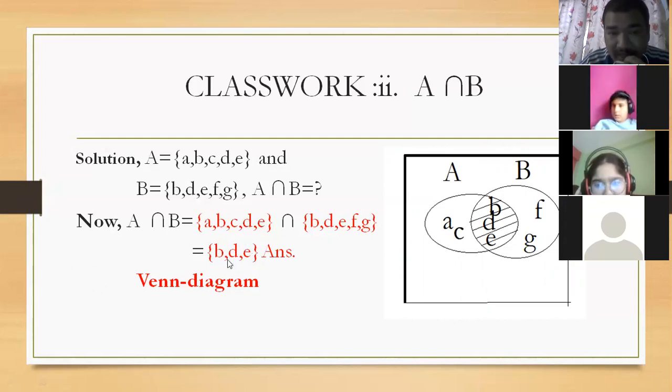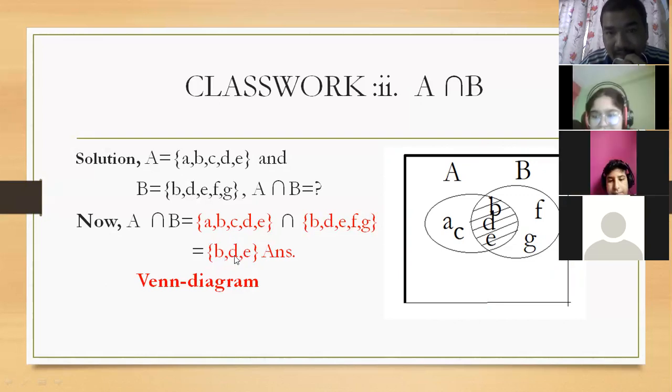Because these three elements lie in A and they also lie in B. That is, they are the common elements of set A and B. That is called the intersection, A intersection B. And when you draw the Venn diagram, which part is represented by B, D, E there? This part should be shaded.